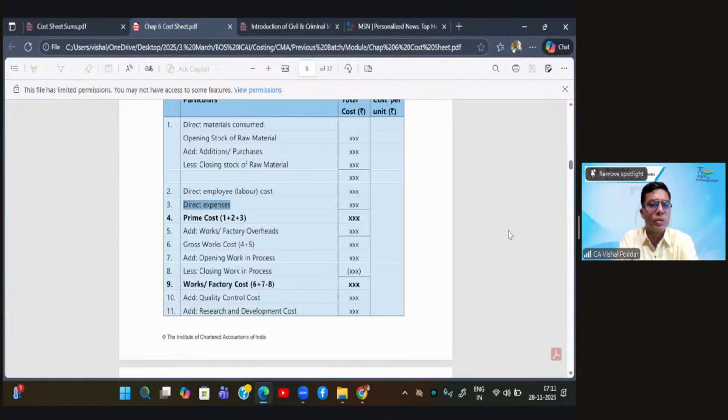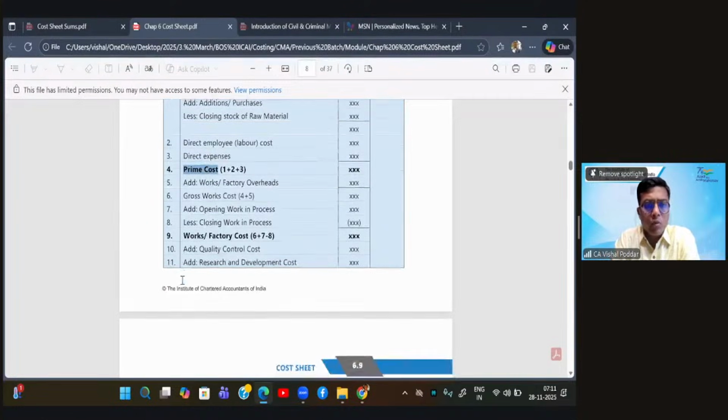Now, these three costs, direct material, direct labor, direct expense, are the most basic costs for the final product. Without these costs, your final product cannot come into existence. Hence, these three costs together are referred to as prime cost. Prime means the most basic, the most important. Without direct, no product can come into existence. Hence, it is the prime cost.